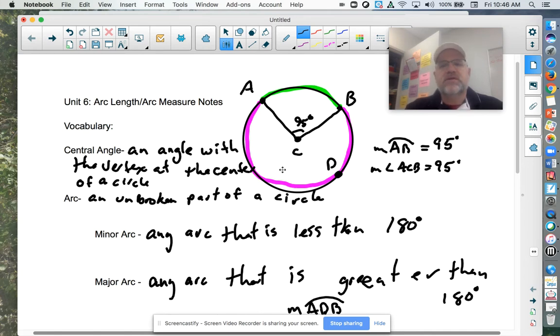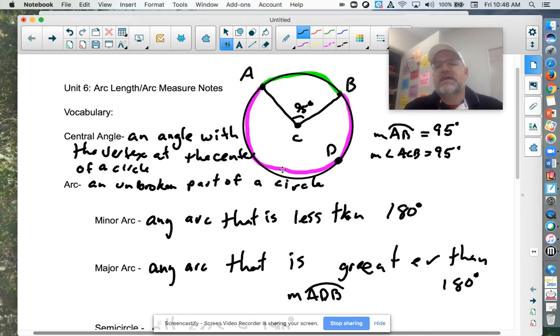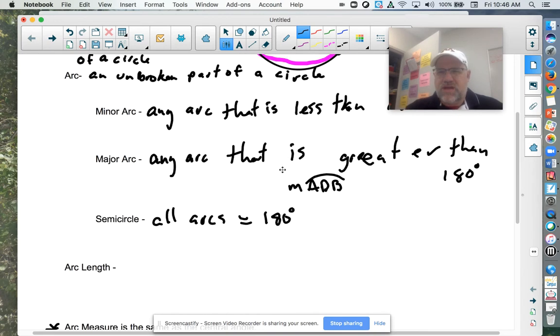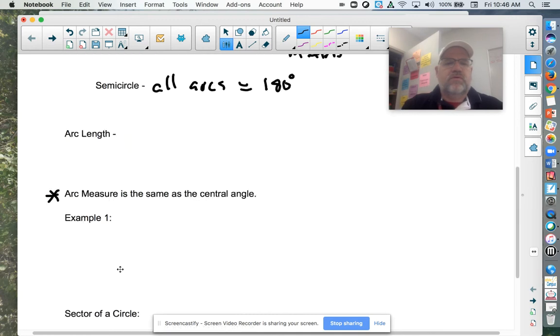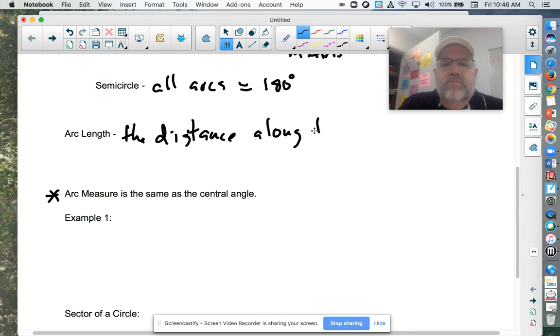So it's going to be different than arc measure, which is just the opening or the angle that's opening. So arc length is the distance along the arc.